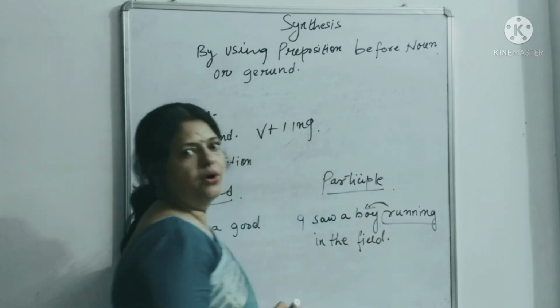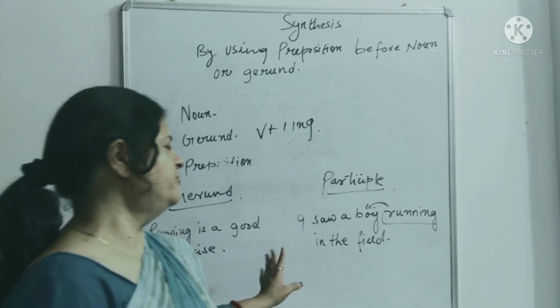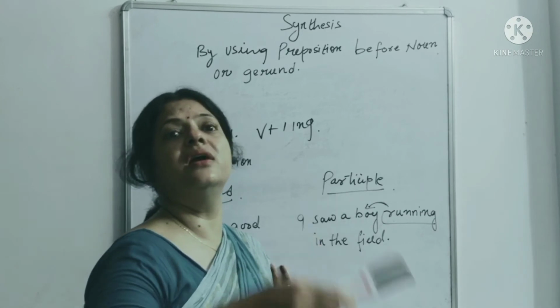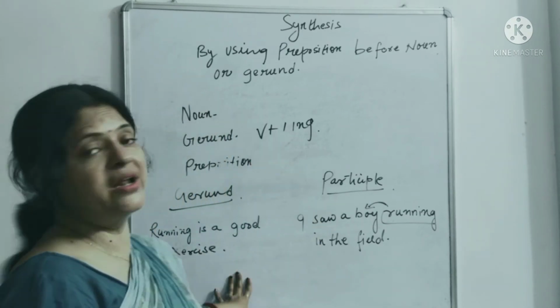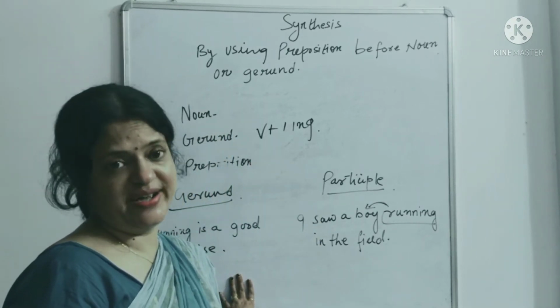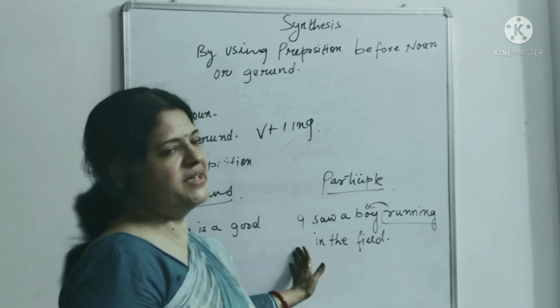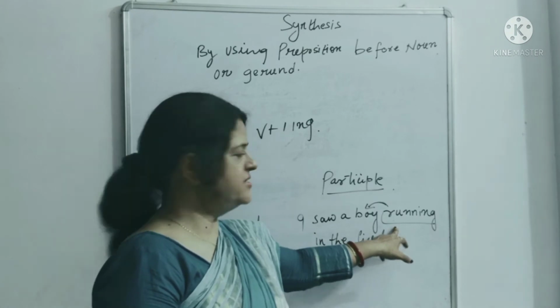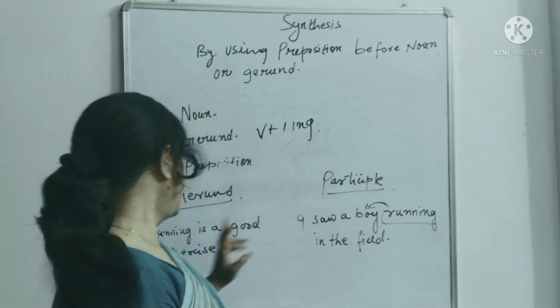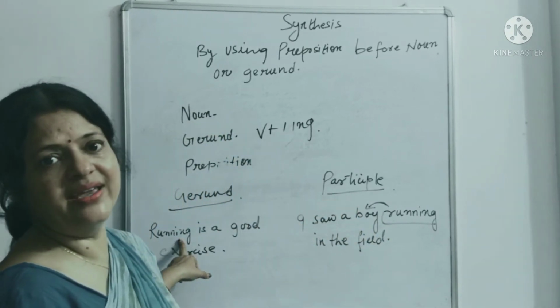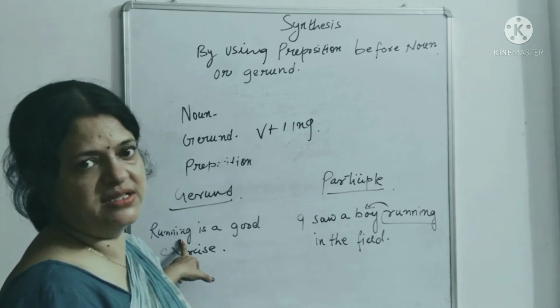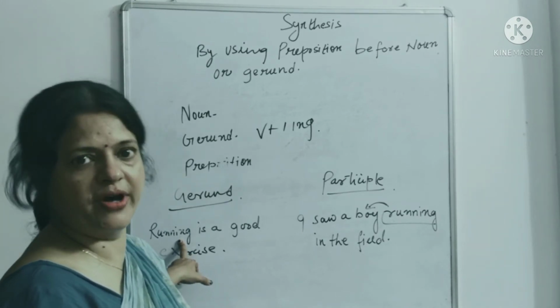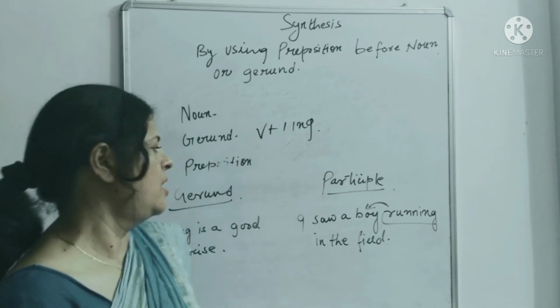Understand? मैंने एक लड़के को रनिंग करते हुए देखा, और रनिंग करना जो है स्वास्थ्य के लिए अच्छा है, गुड एक्सरसाइज है. So this is the basic difference. This running is describing this boy, and here running is working as a noun in the sentence by being the subject of a verb.